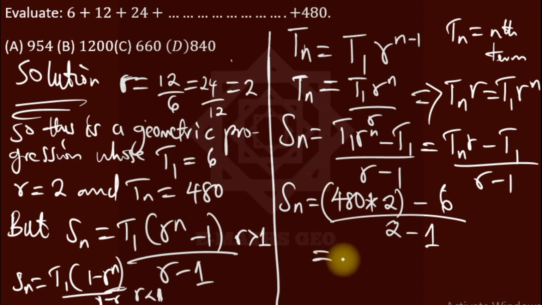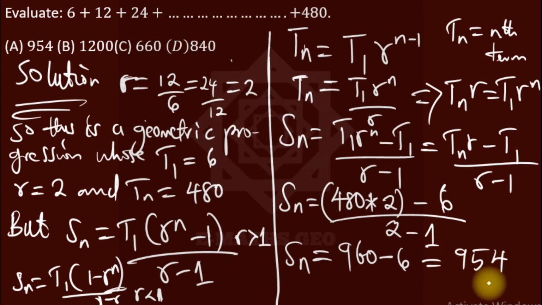As you can see, this is 96 minus 6 over 1. 2 minus 1 is 1. So we have 954.